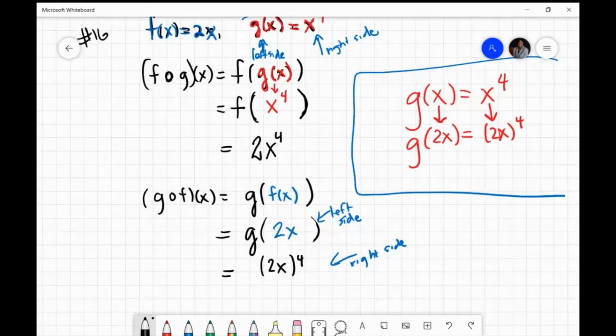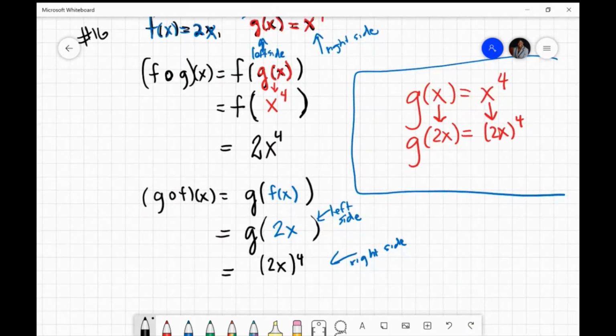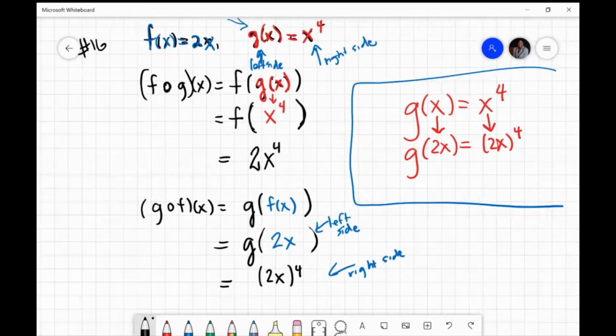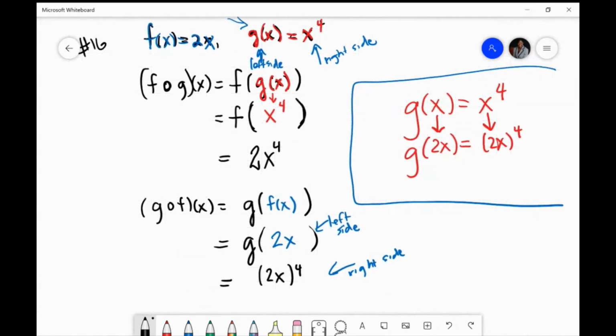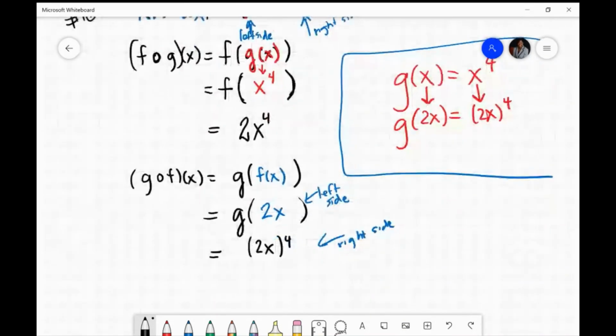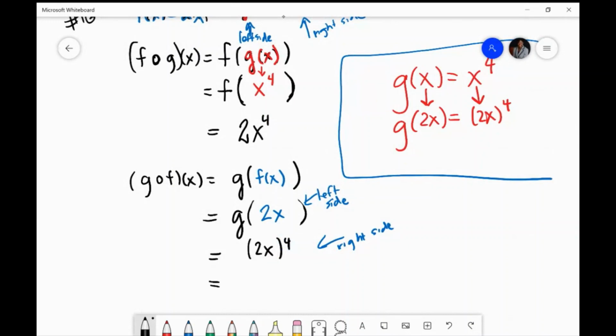I think Alicia said that. Yes, I'm overthinking it. Yep, y'all are overthinking it because it's the same thing y'all been doing. Y'all been subbing, as Nakira always says, subbing the whole time. You are replacing the x's with what's in the parentheses. That's all we're doing. Now we do have to clean this up a little bit, because if it's 2x to the 4, then that means that's 2 to the 4 times x to the 4.